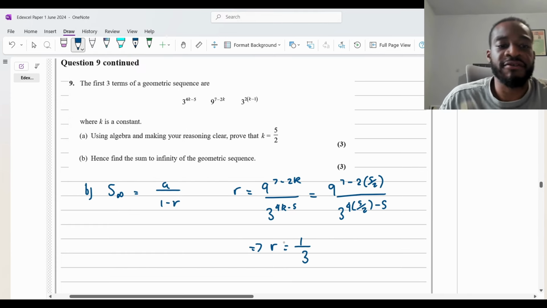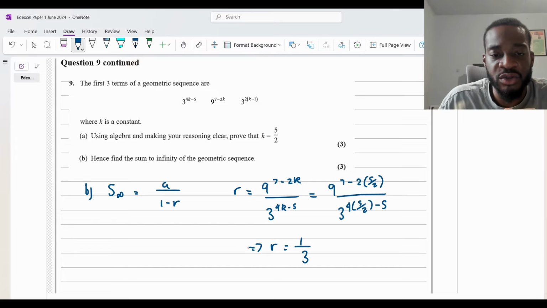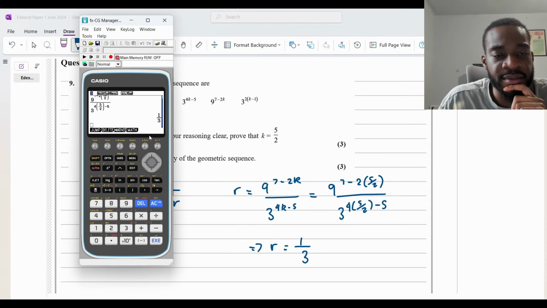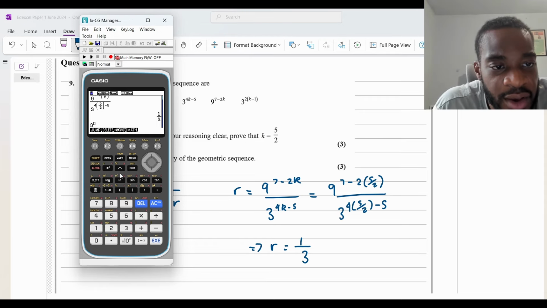Okay. Now we need the first term. So the first term is going to be found by plugging in 5 over 2 into this one here. So I'll do that here. So it's going to be 3 to the power of 4 to the 5 over 2 and then minus 5.